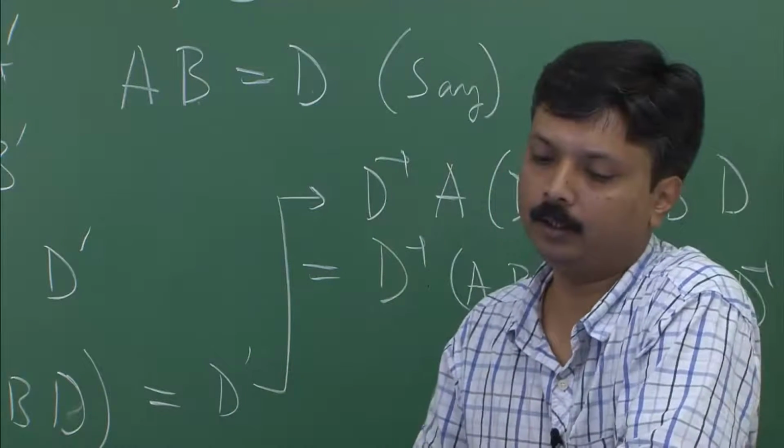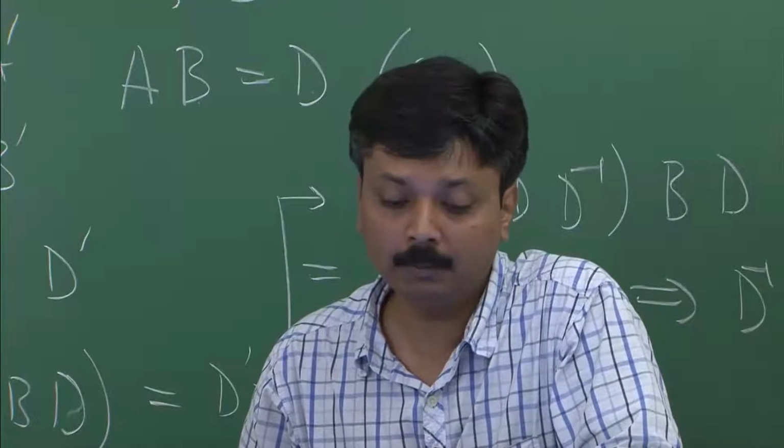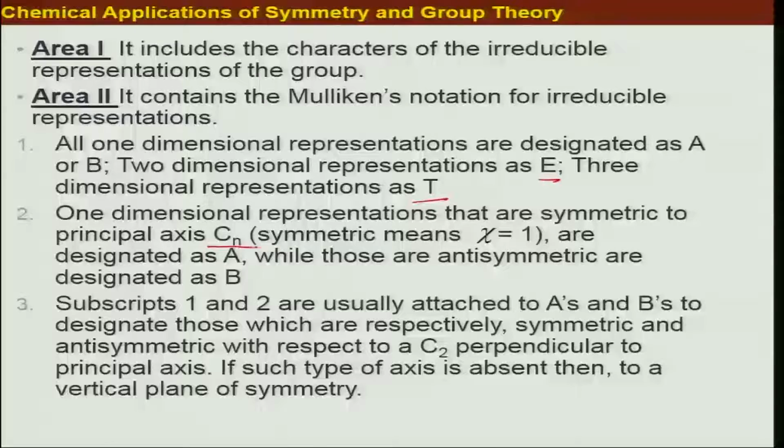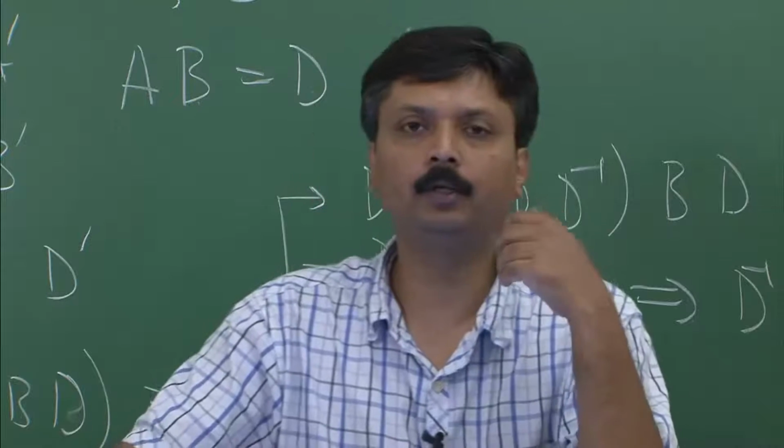If the character corresponding to the principal axis of symmetry Cn is symmetric, meaning positive 1, then this particular IR will be termed as A, and if it is negative 1, then it will be termed as B. So a symmetric character with respect to Cn is A, while an antisymmetric character with respect to Cn will be termed as B.